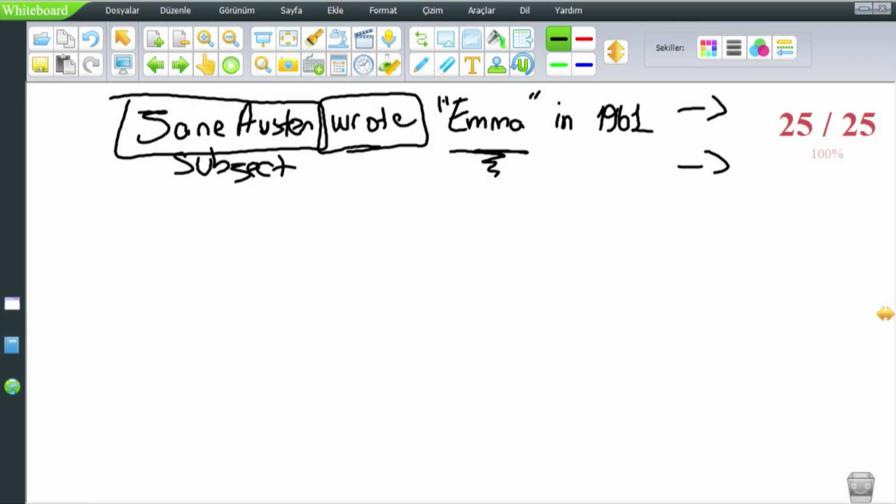I'm looking at my tense. I see verb 2 here. And there's nothing else before it. That's why our tense is past simple. Looking at my object, the book Emma, we're talking about the book.